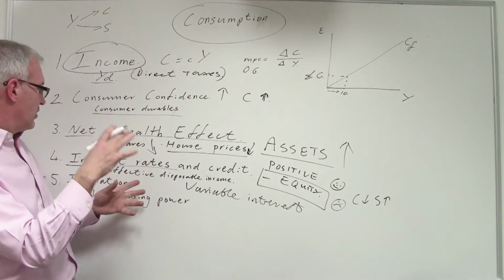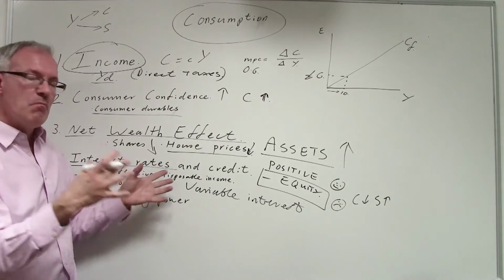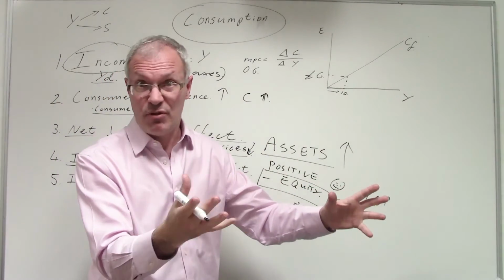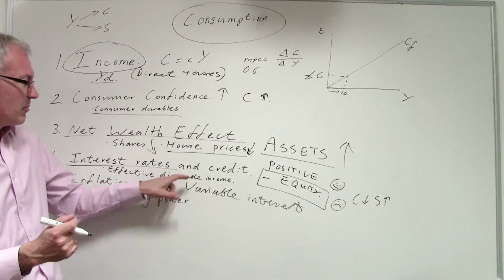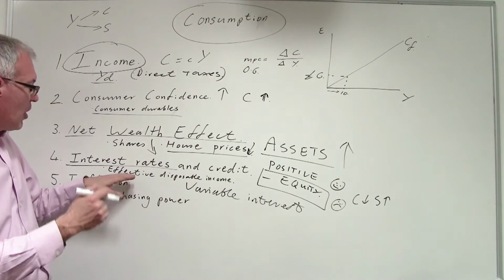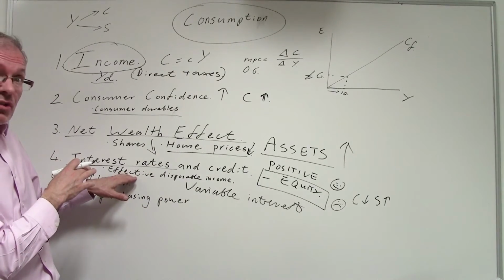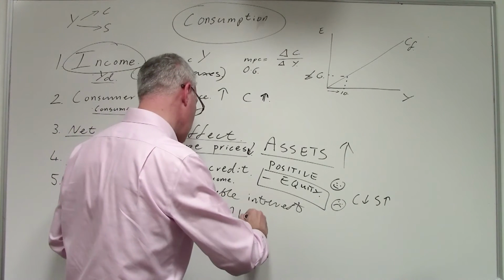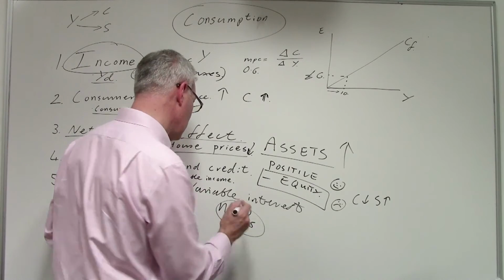If your mortgage rate goes up, you're going to be paying more of your salary in mortgage, so it's going to leave a less effective disposable income. That's income after you've paid your taxes and after you've paid your mortgage. So mortgage interest payments are rather important in determining your consumption.